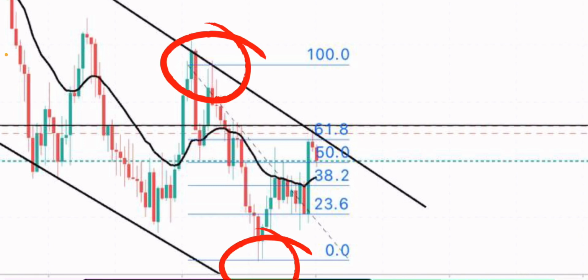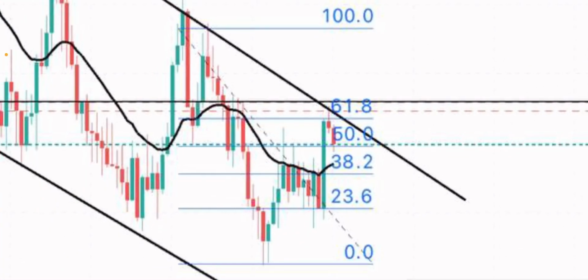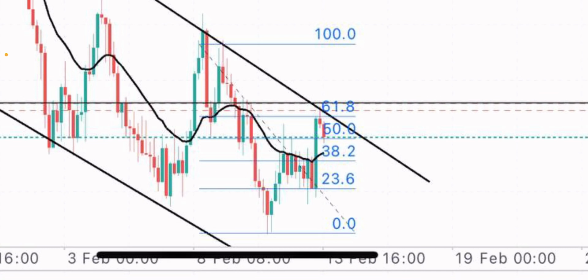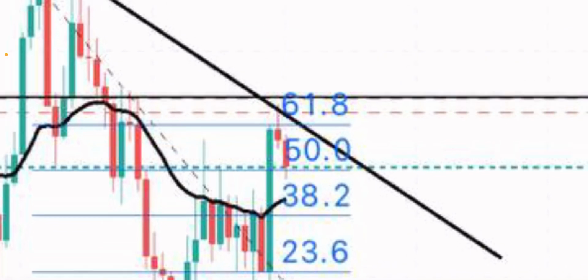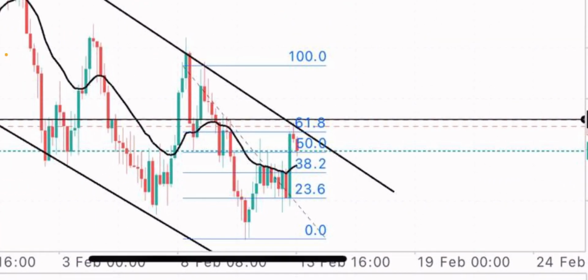After I plotted my Fibonacci, it was on the 61.8 level. You can see the 61.8 here. When price reached the 61.8, I had to wait for a confirmation. In this case, I used a candlestick pattern for confirmation. I can see a shooting star was formed. I don't know if you can see very well, but a shooting star was formed on this chart.